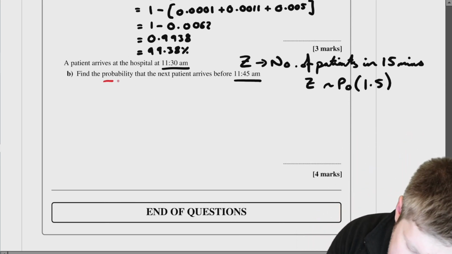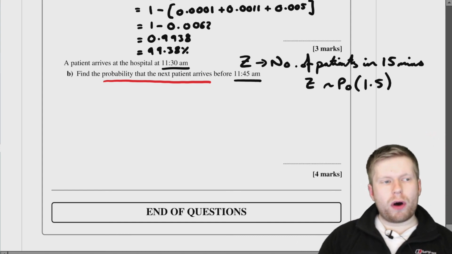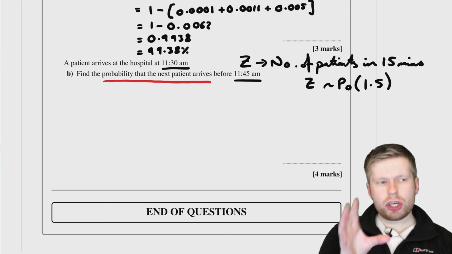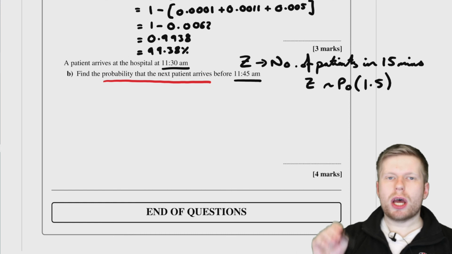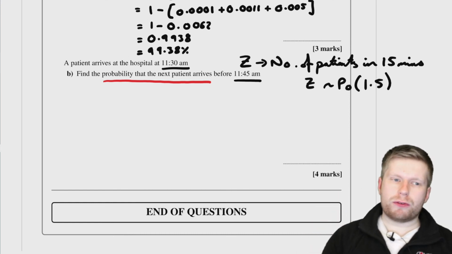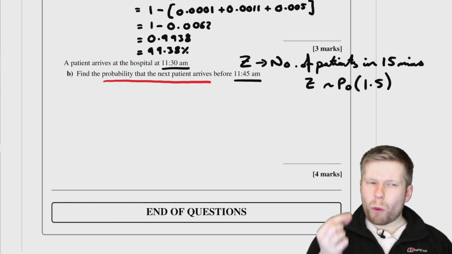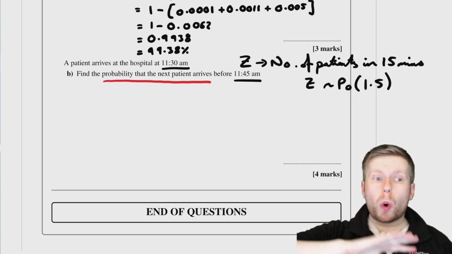So what's the probability that the next patient arrives before 11:45? Basically, we're saying that a patient arrives at the hospital at 11:30. We want to make sure that another patient arrives before the 11:45 cutoff, so within the next 15 minutes. So all we want there is for there to be one patient or more.